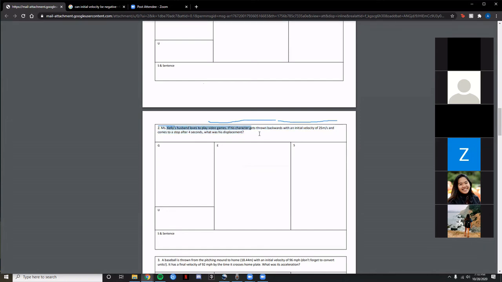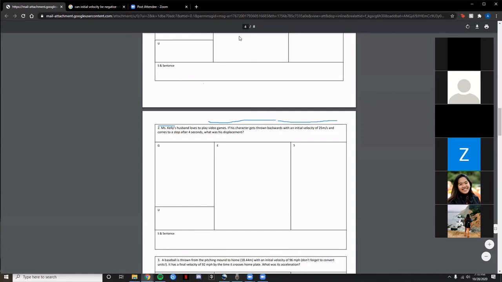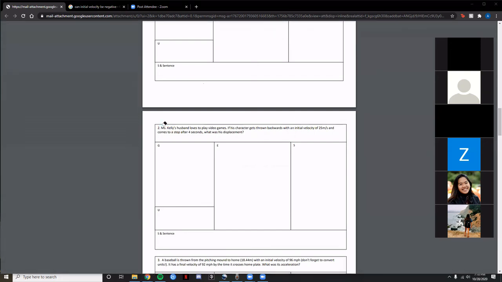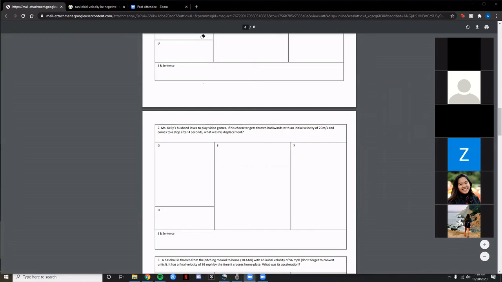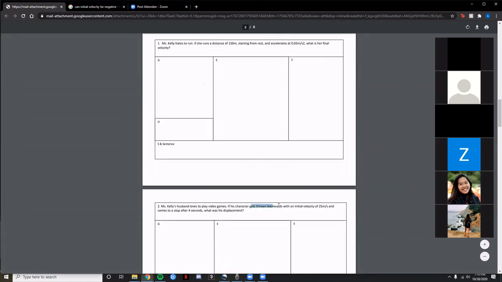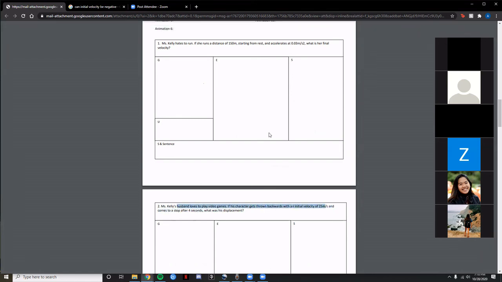I feel like we only mess with the negative velocity when we go to free fall and projectiles, unless it's slowing down or something, unless it changes direction. I guess he did change direction. But really, it's just the numbers that matter for these types of questions. Signs don't really matter till the end.